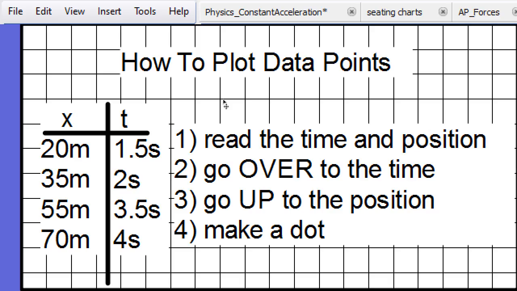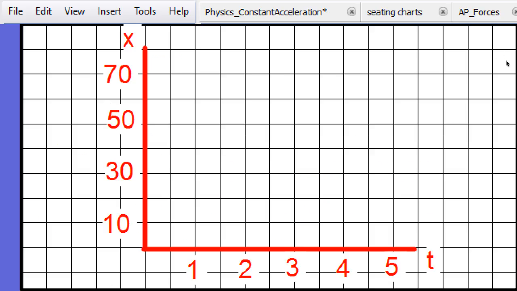For instance, 1.5 seconds, 20 meters. 1.5 seconds, okay, that's there-ish. And 20 meters, okay, that's going to be there-ish. So I'm going to go over to 1.5 and then up to 20 and make a dot.